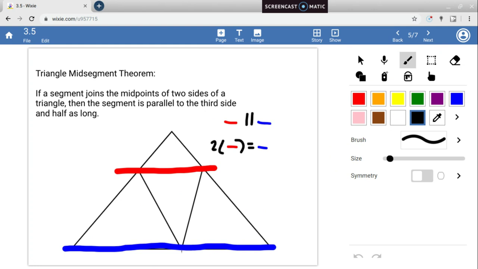All right, and well, I kind of lied if I said that was the last term. We still have a theorem that we need to know. But really, this theorem is all that will be important for the practice that I have on the next page. And this theorem is: if a segment joins the midpoints of two sides of a triangle, then the segment is parallel to the third side and half as long.